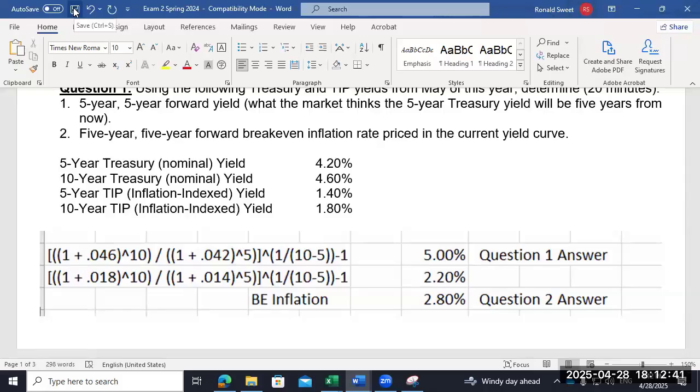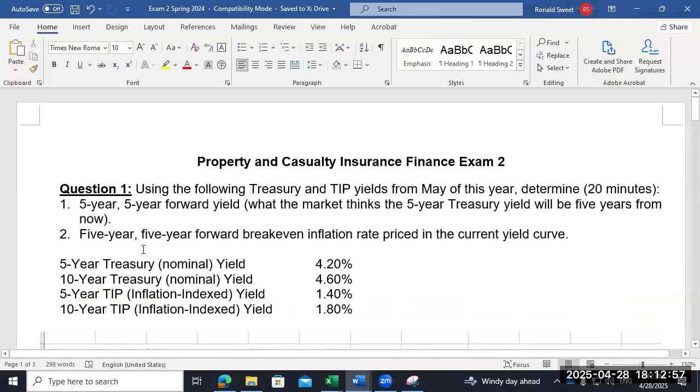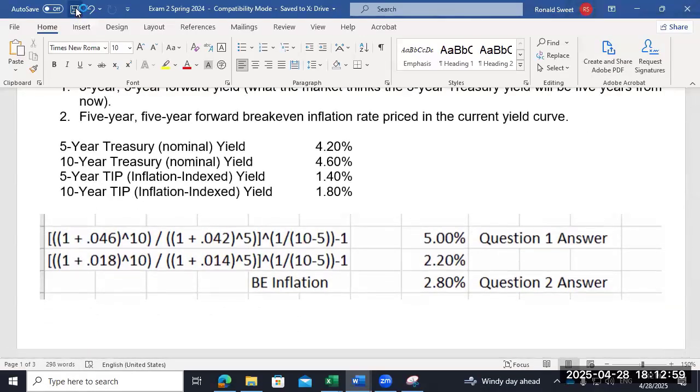Put this on Canvas, but that's the answer. Make sure you're not going to be able to use Excel, so you'll have to make sure all these parentheses are in the right place. You might write that number down, then write that number down, then do that. You know, might have to do it in stages. Really, really powerful skill to have, no question.